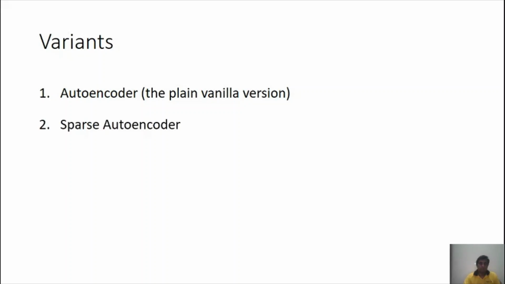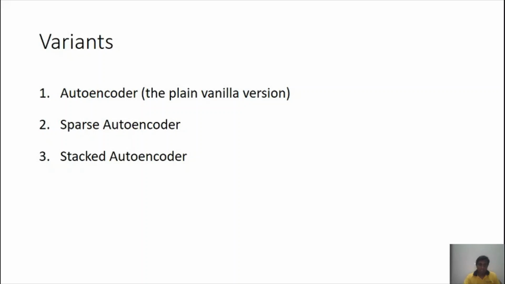The second type is the sparse autoencoder. This is slightly more complicated than your conventional autoencoder in the sense that you have added a little bit of complexity to the algorithm by adding a regularization parameter and a sparsity parameter so that the autoencoder does not become over complete.